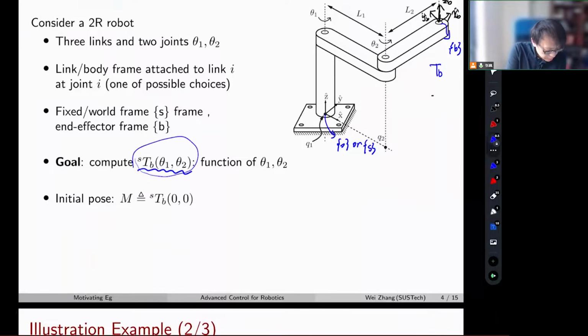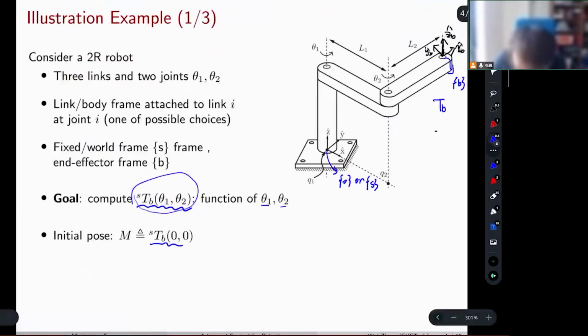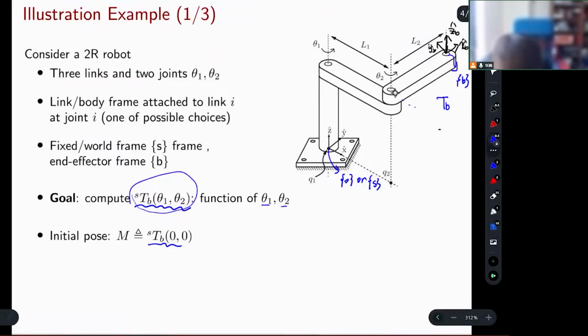Since this is a function of theta 1, theta 2, let's first consider the very baby step. Let's assume the zero position. Both theta 1 and theta 2, we know their values are 0. Some kind of standard or home configuration. Let's first find out this. This becomes a pure calculation problem. Let's assume the home position is this kind of position.